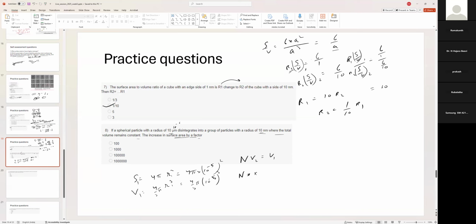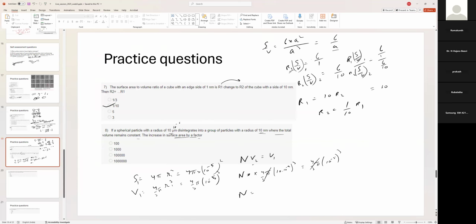The volume of the smaller particle V2 is 4 by 3 pi r cubed. So n times 4 by 3 pi times 10 to the power minus 8 cubed is equal to 4 by 3 pi times 10 to the power minus 5 cubed. Cancel this.